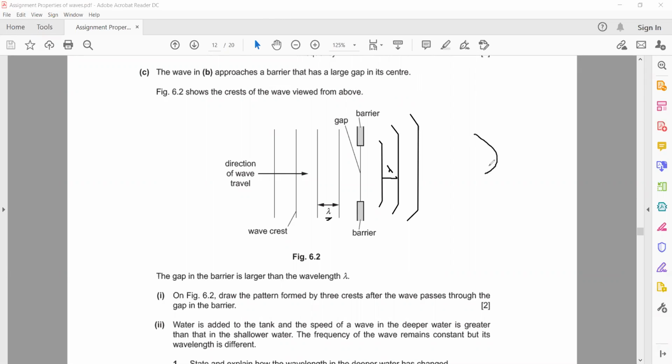When completely curved, it shows maximum diffraction. Is this point clear?